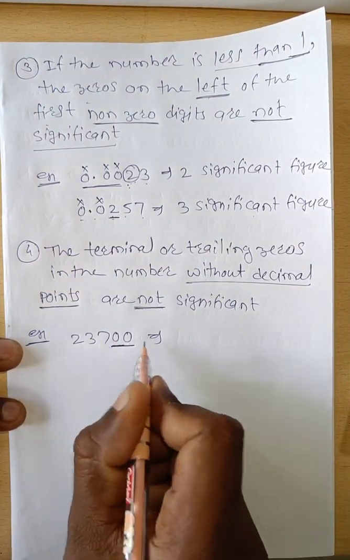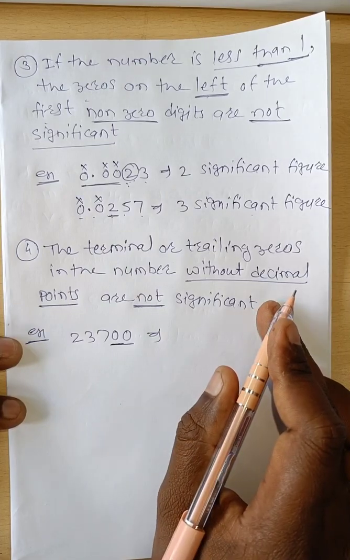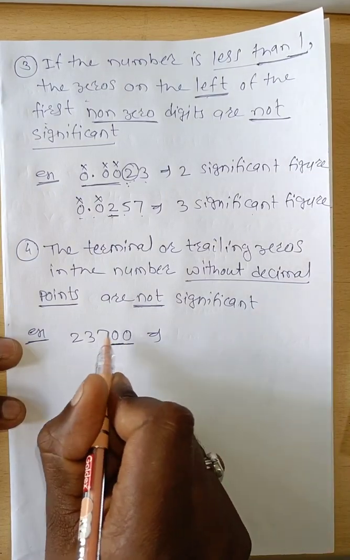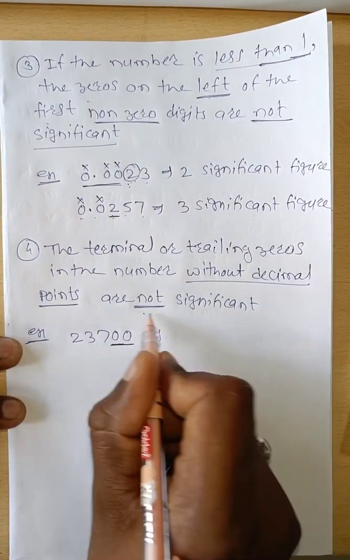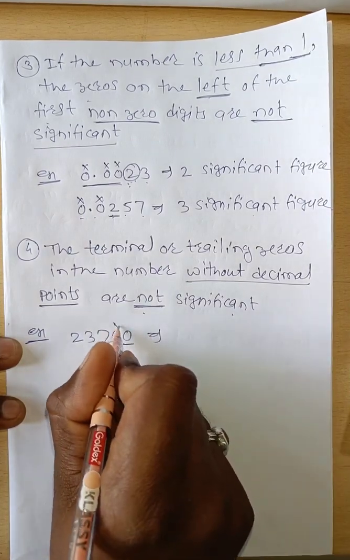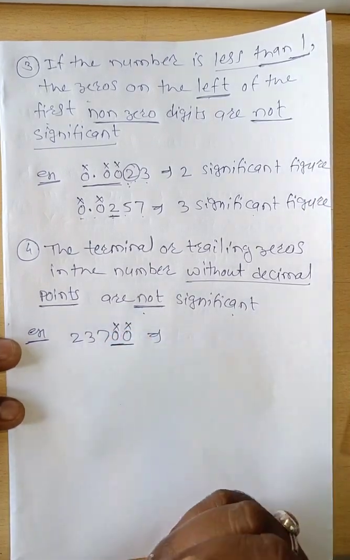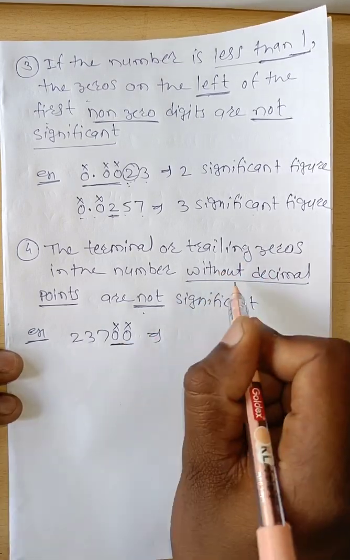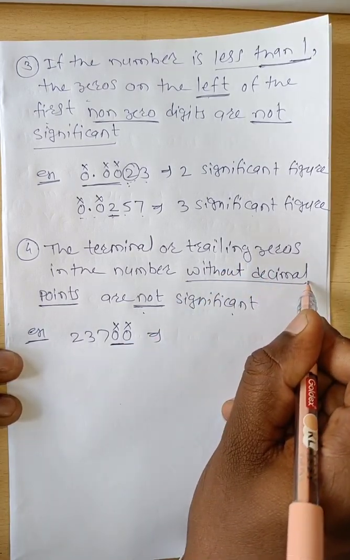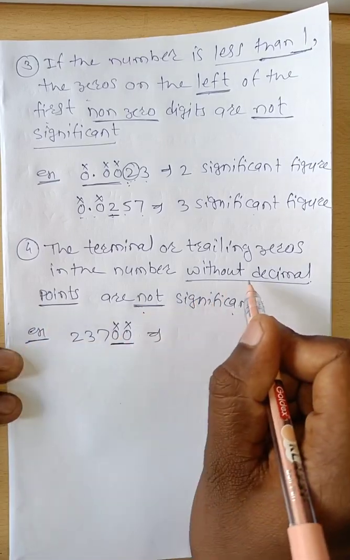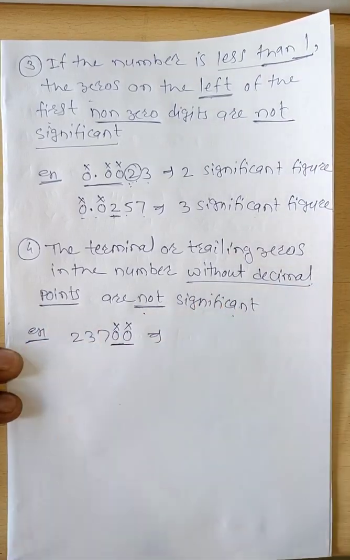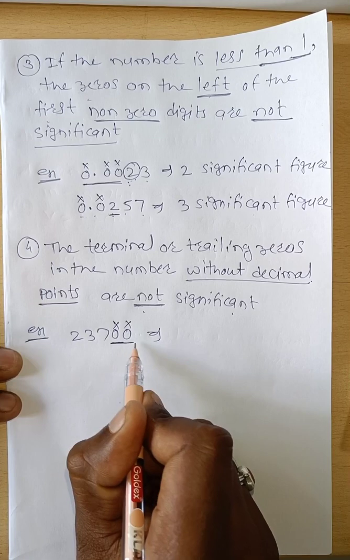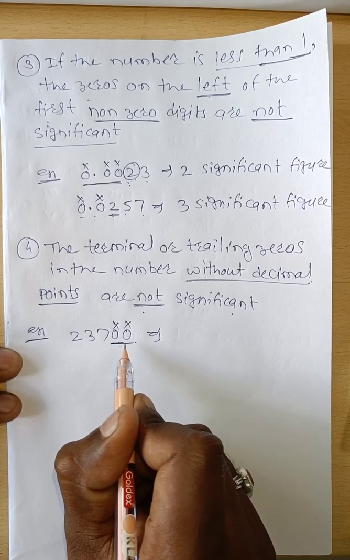When the decimal point is not present, in that case the trailing zeros are not significant. This zero is not significant, this zero is also not significant. Without a decimal point, the trailing zeros are not significant.